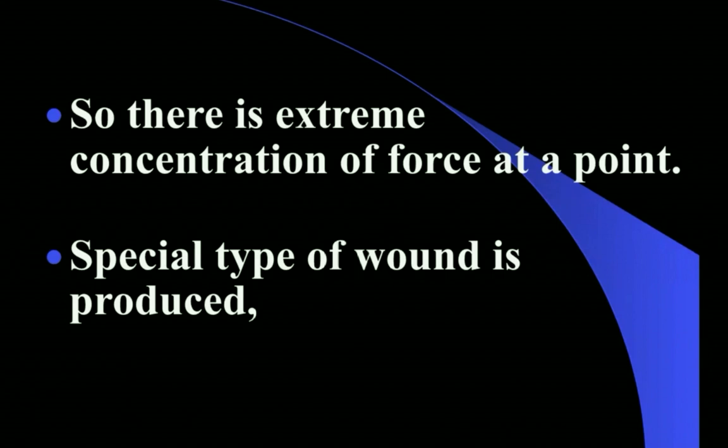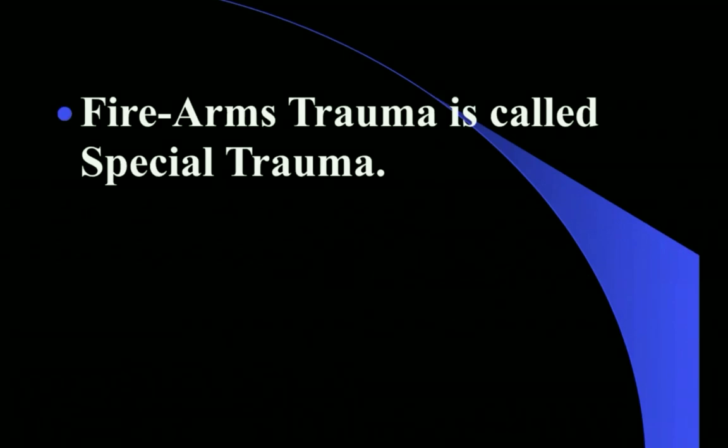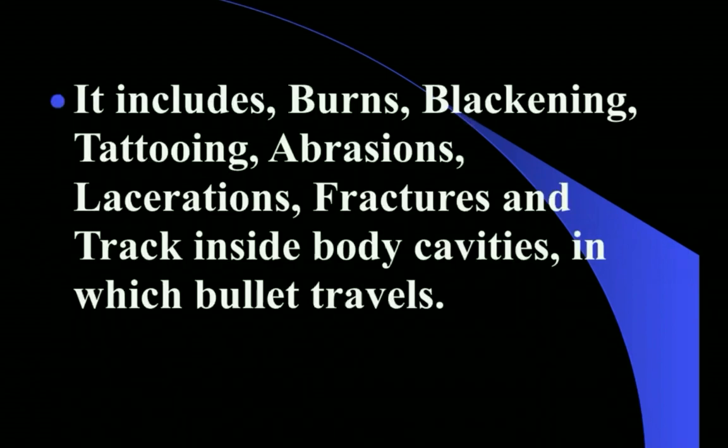This special wound production is because there is an entry wound, there is an exit wound, and an intervening tract within the body. And why is it called a special trauma? Because it involves almost the whole of traumatology. There are burns, blackening, tattooing, abrasions, lacerations, fractures, and the track inside the body cavities in which the bullet travels.